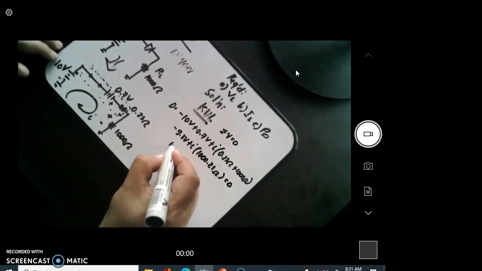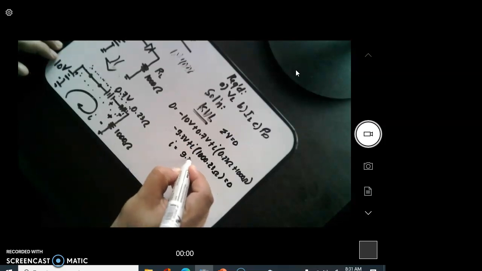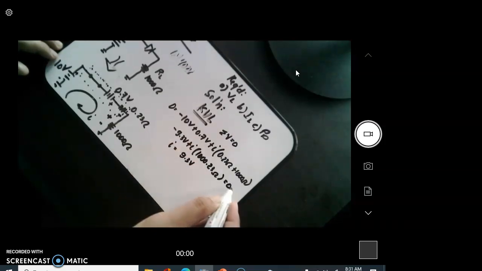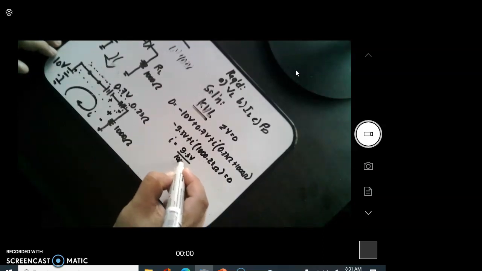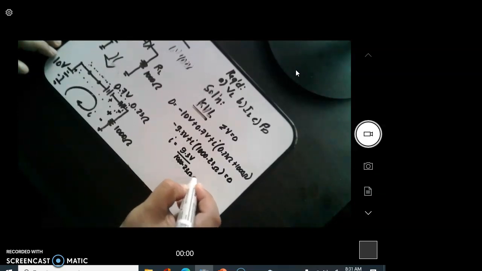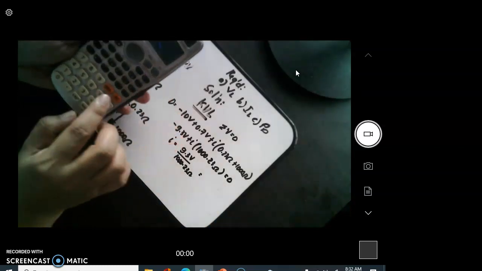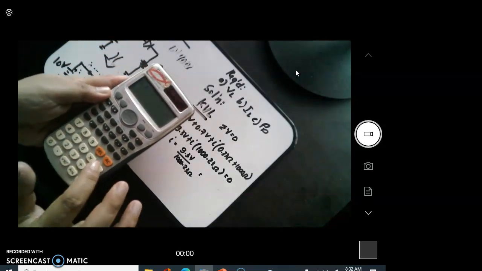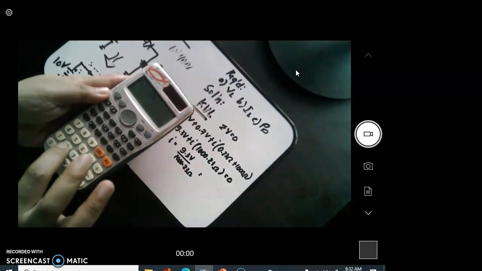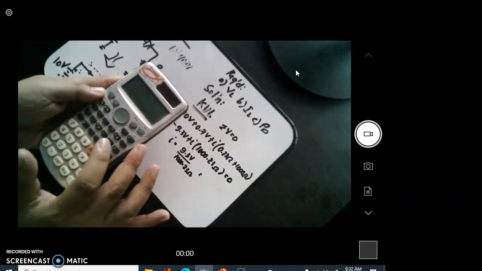Our value of I now becomes positive 9.3 volts, transferred to the right side, divided by the quantity 1000.23 ohms. Therefore, 9.3 divided by 1000.23 ohms gives a value of 9.29, or 9.3 milliampere.